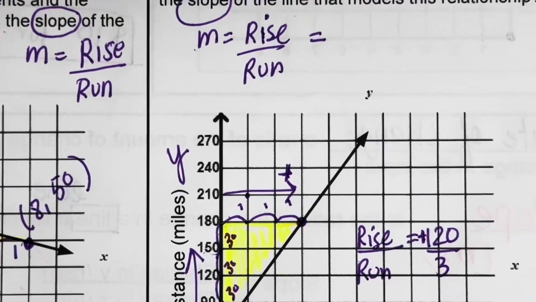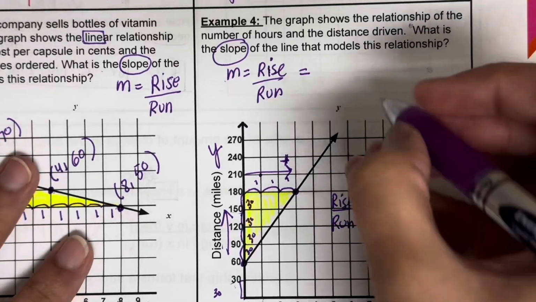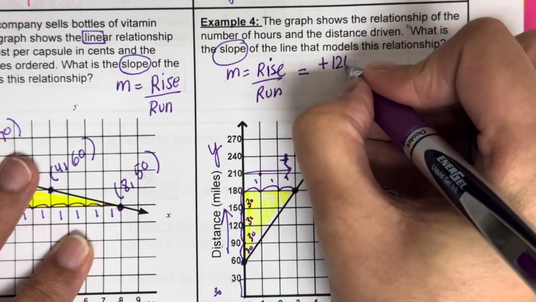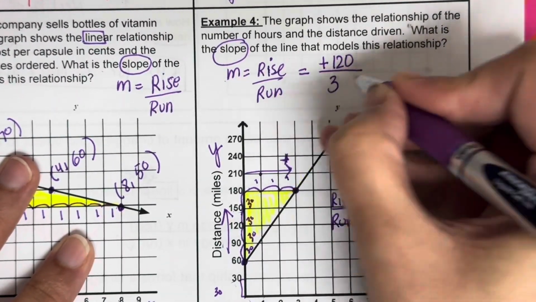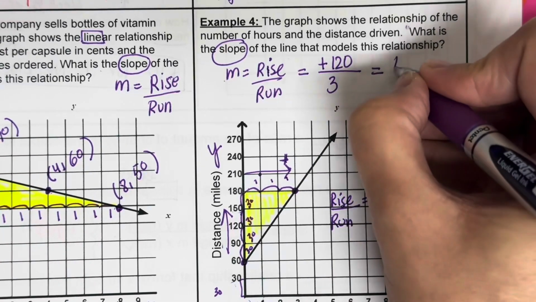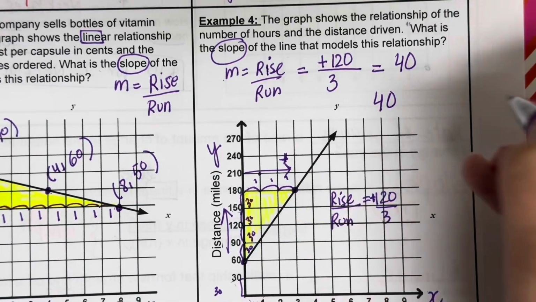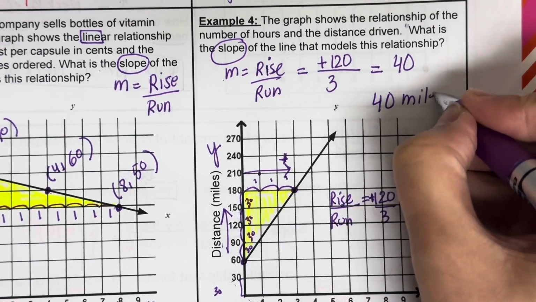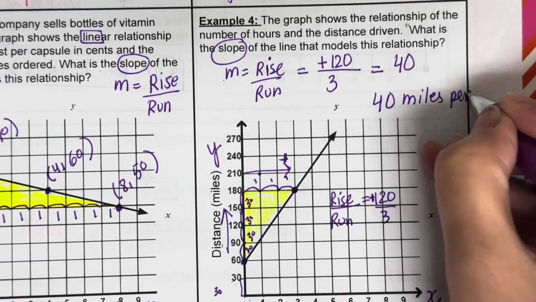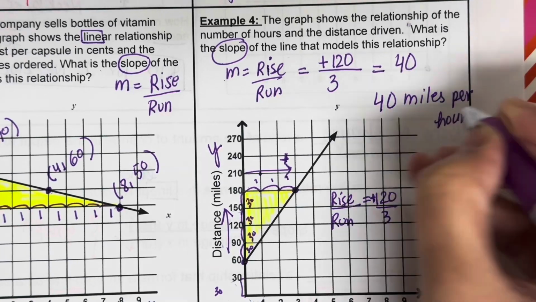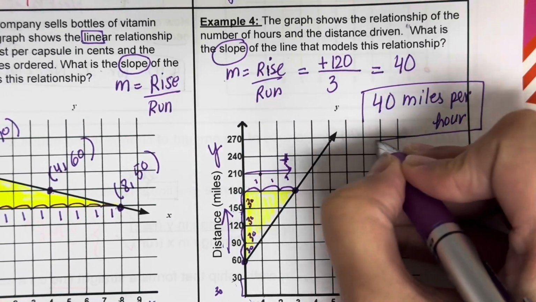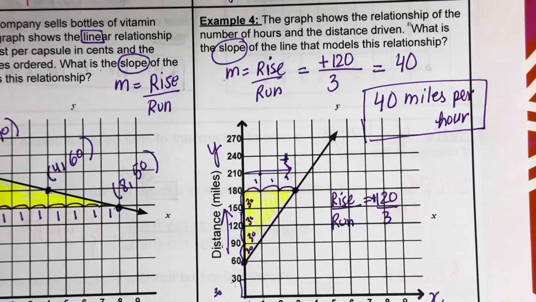So I have my rise over run. Rise was plus 120 and run is 3. Simplify, this should be 40. So slope is 40 miles per hour. That is how you describe or write your slope. So 40 miles per hour.